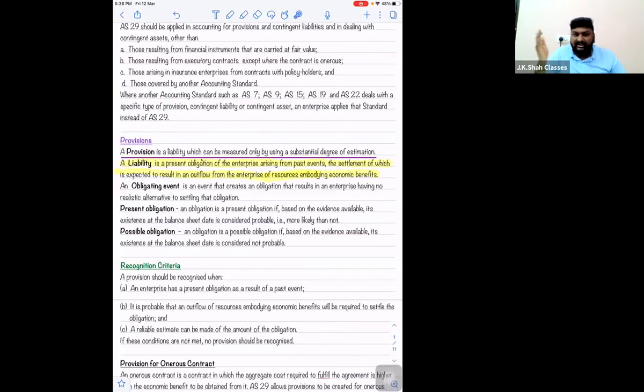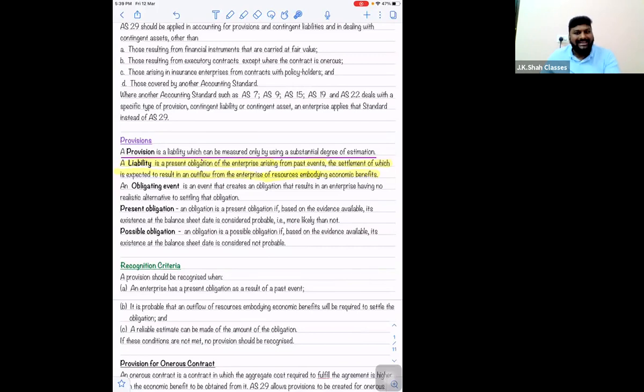So it is not even remote, and it is not even probable. That is why it is in between, called a possible obligation. And lastly, the amount required to settle the obligation cannot be measured reliably because you don't have reliable sources to measure the amount. But with respect to provisions, what we saw is that the amount can be measured reliably.